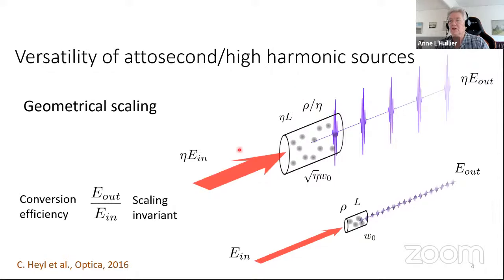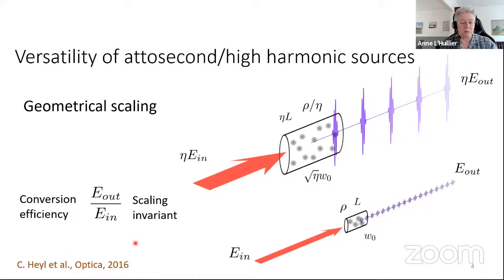And then this interaction is really the same as the previous one. There is really an invariance of the wave equation describing generation of harmonics in a gaseous medium. And the output energy that you get is equal to the same scaling factor times the original output energy. In other words, your conversion efficiency is scaling invariant.